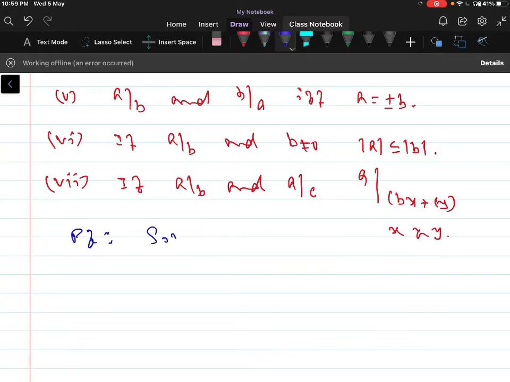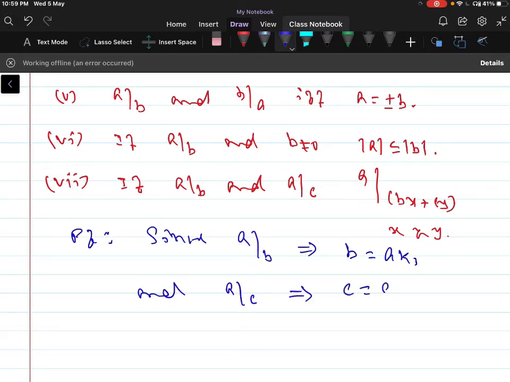Since a divides b, this implies b is equal to a into k1, and a divides c, this implies c is equal to a into k2. So consider these as equations 1 and 2.